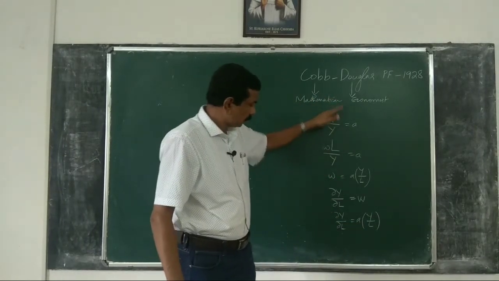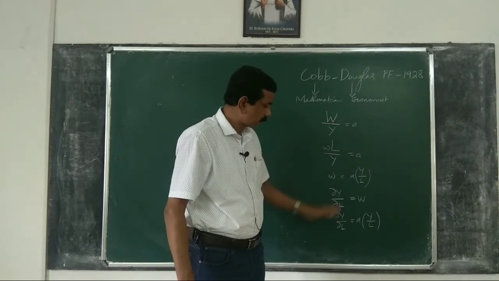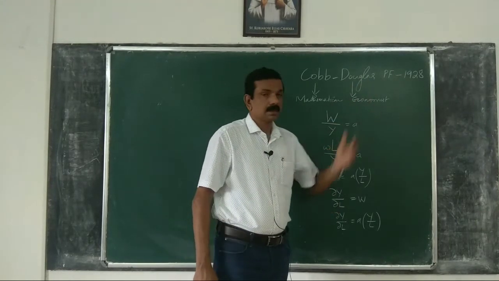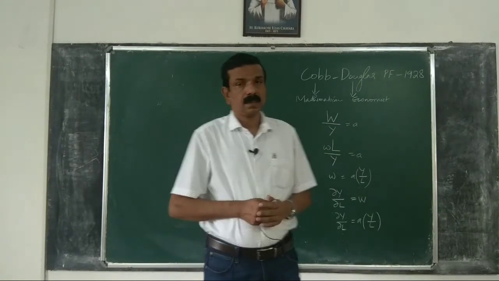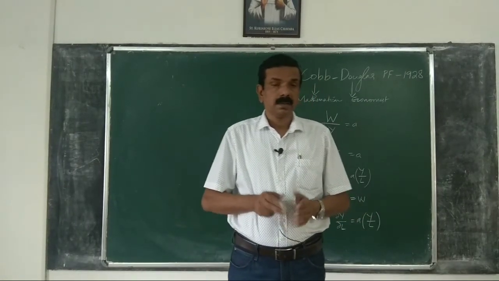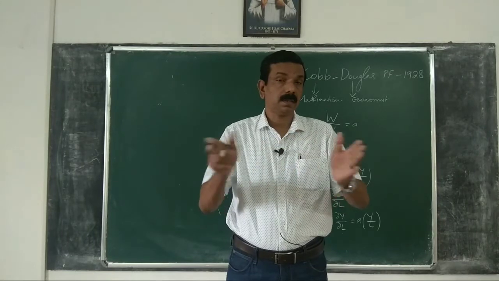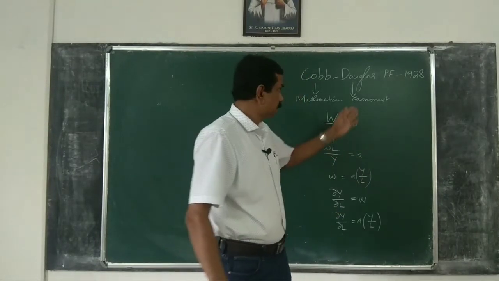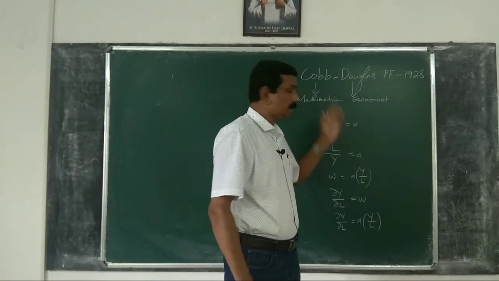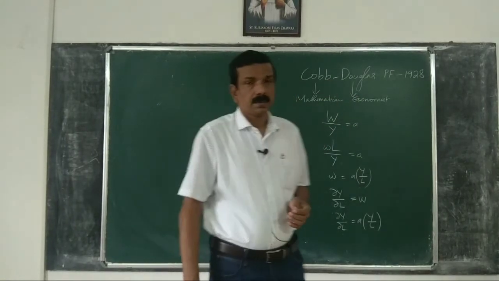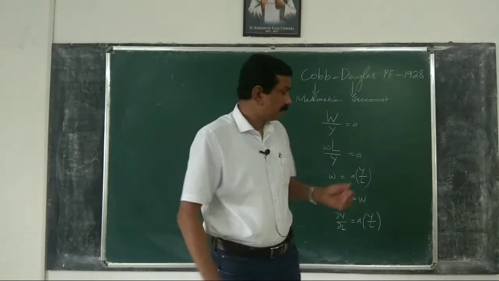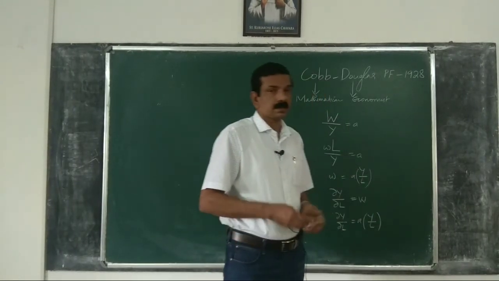Now, these are the characteristics observed by Douglas, the economist, after analyzing a large number of US data. Douglas consulted with Cobb to suggest a production function satisfying these characteristics.